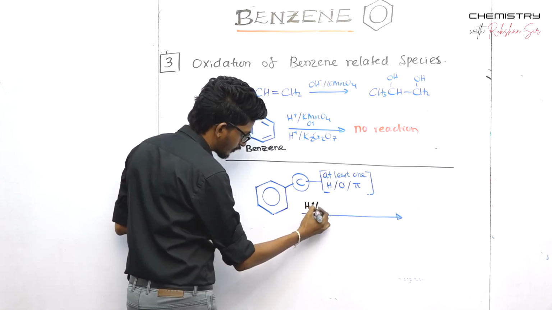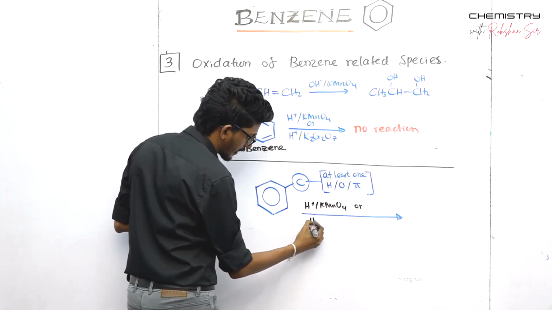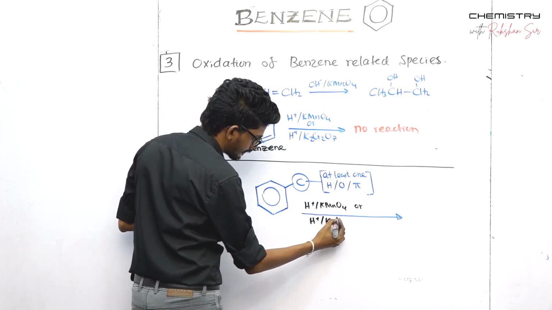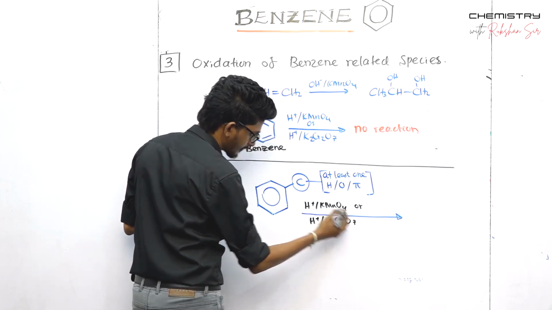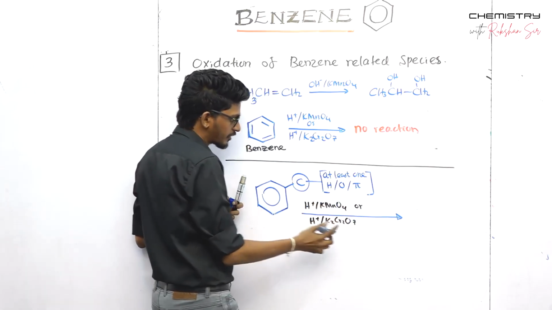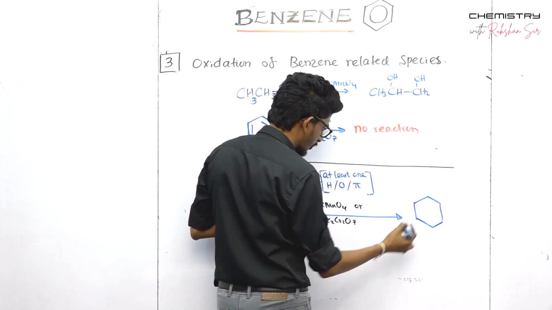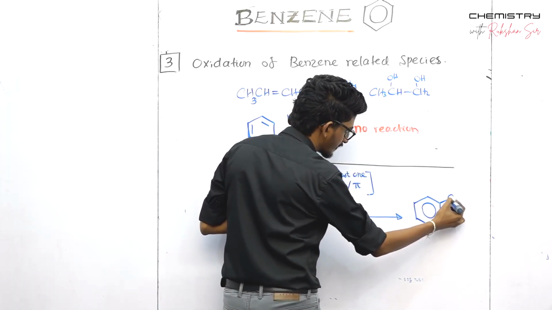H plus KMnO4 or H plus dichromate, then what will happen? Then this carbon will get oxidized. That carbon will get oxidized and will produce the benzoic acid.